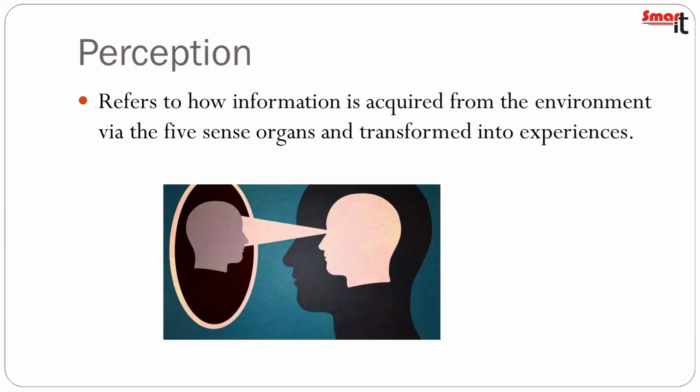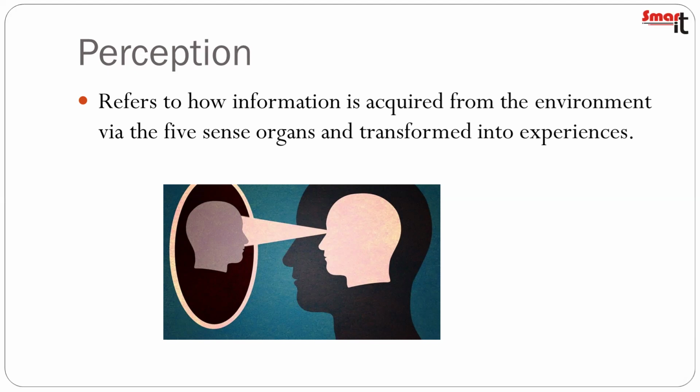And perception. It means how information is acquired from the environment via the five senses of the organs. So you know how you get to know some things. With your five senses, you see with your eyes, you can hear with your ears. How you acquire something from the external environment.